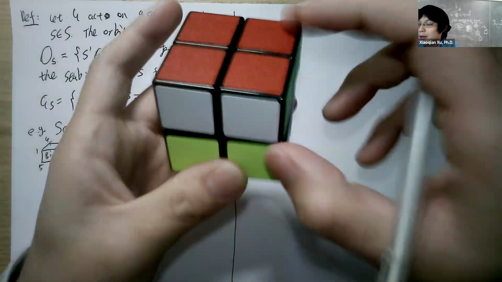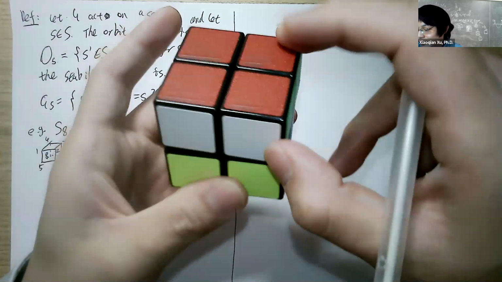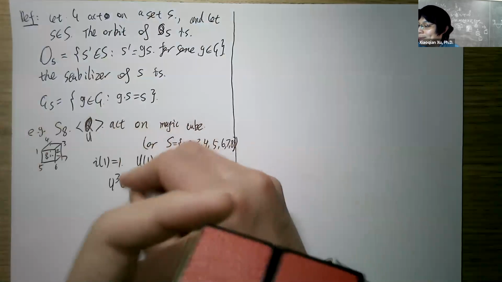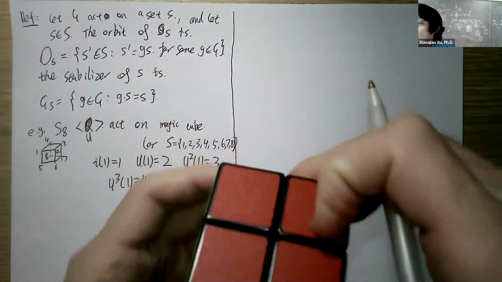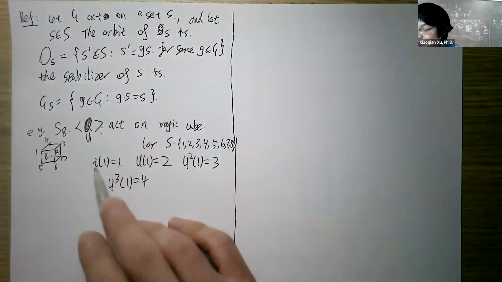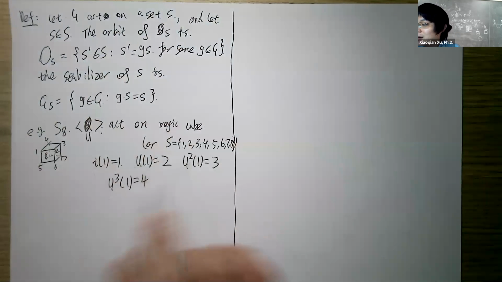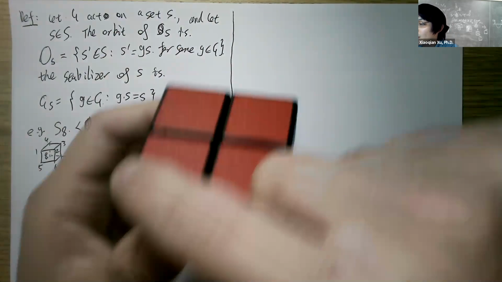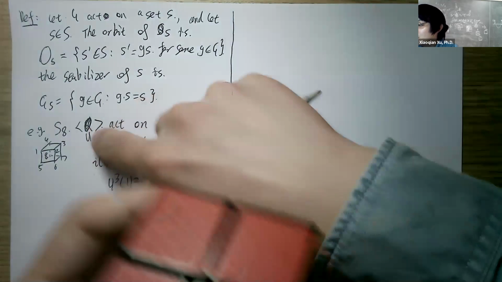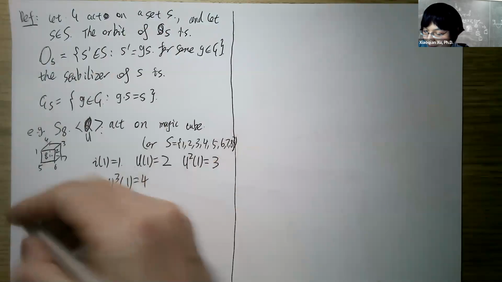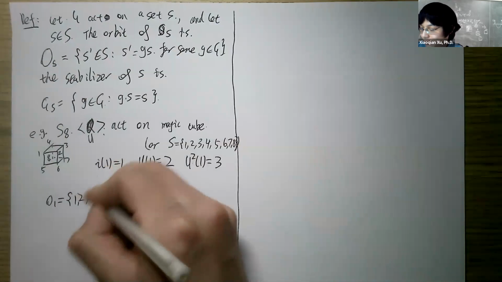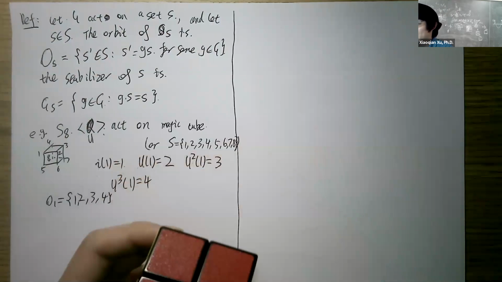And then you can rotate it again, which maps 1 to 4. You don't have any other operations in your group, so you only have 4 elements, and all these elements act on point 1. So the orbit of point 1 under the action of this group should be 1, 2, 3, 4.